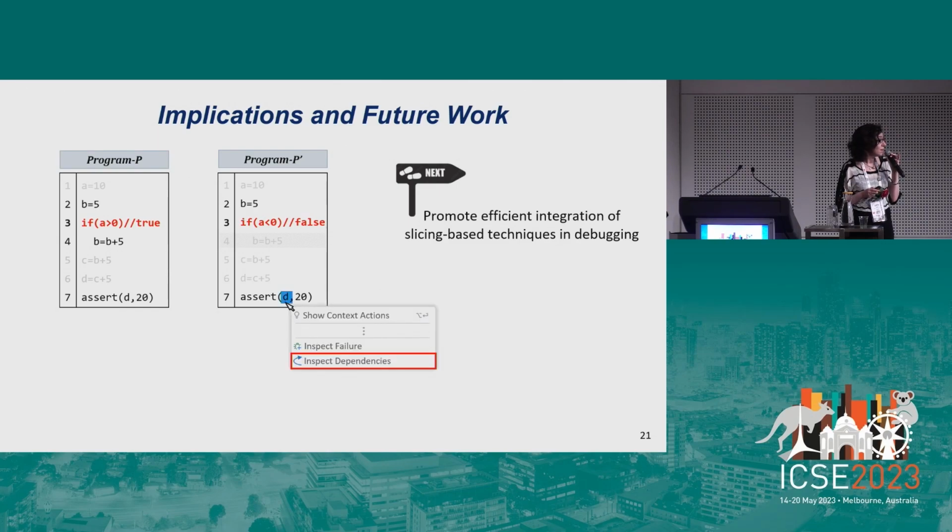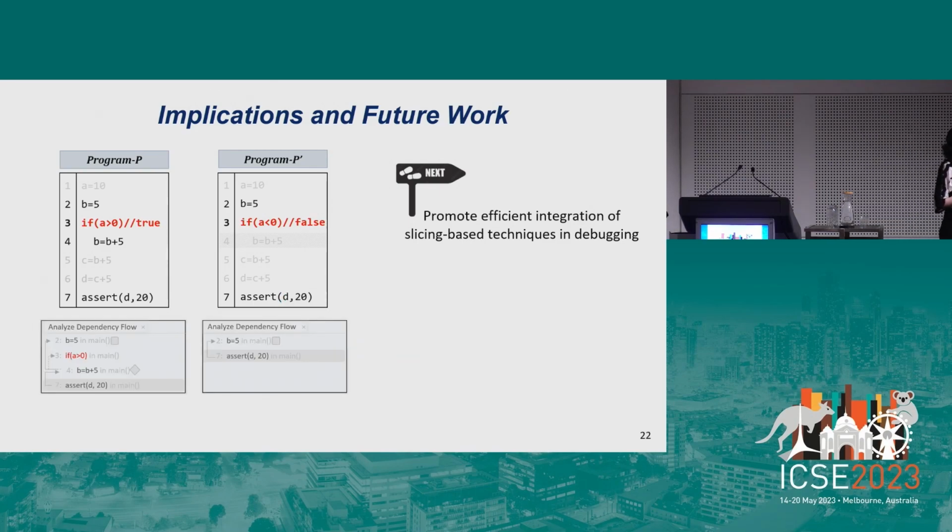And then the developer can inspect the dependencies, will say, okay, value of D, what does it depend on, and they will be given the information that the value of B actually depends on line 2 in the right-hand side and line 4 on the left-hand side, and why this happens. And that's how we hope we can make developers more productive, and in our current work we are performing a more extensive study of how helpful this is.